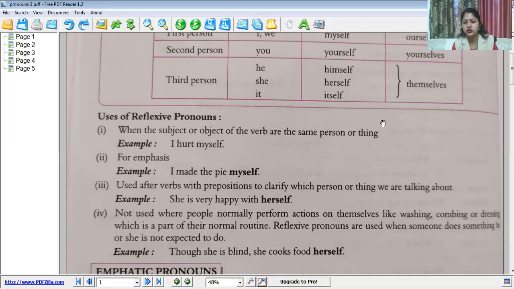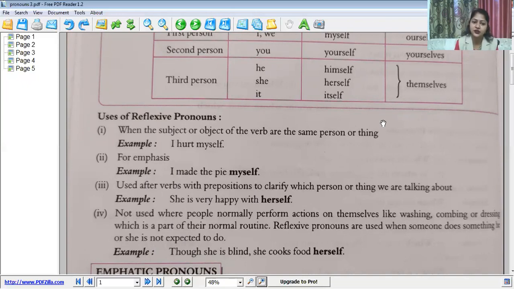Reflexive pronouns are used when someone does something he or she is not expected to do. The example given here is, though she is blind, she cooks food herself. Now children, see, the blind person cooking, okay, is in itself a great thing, right?